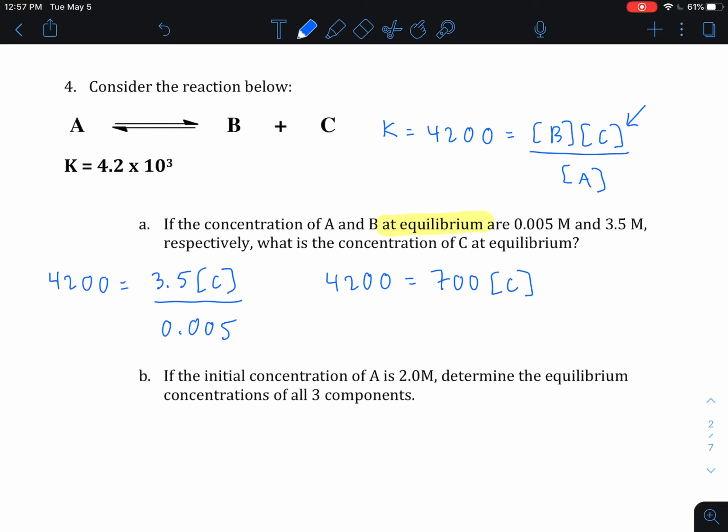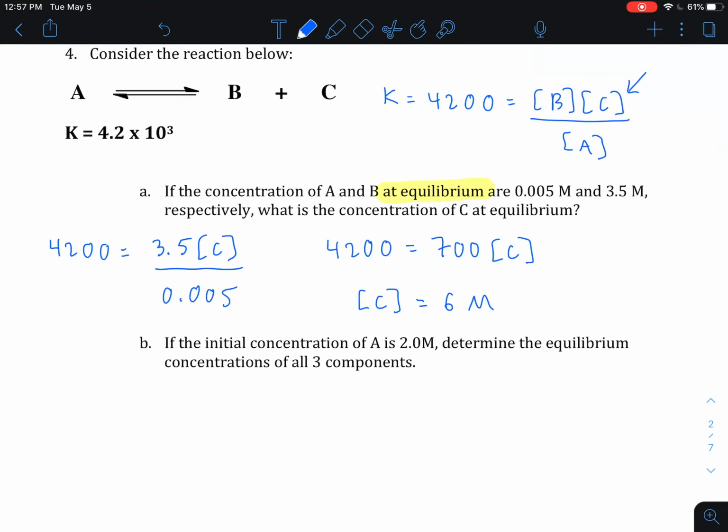So this becomes 4,200 equals 700 times the molarity of C. So dividing both sides by 700, I get C equals 6 molar. Okay, so that was given the equilibrium constant and information at equilibrium, figure out the missing information.